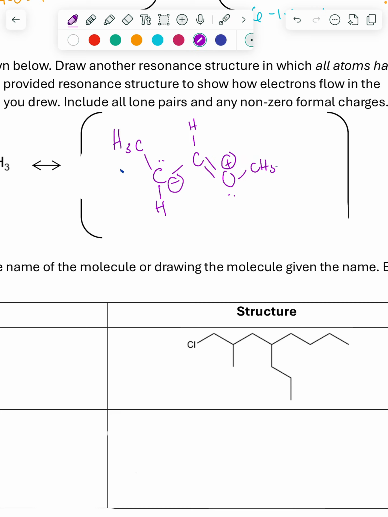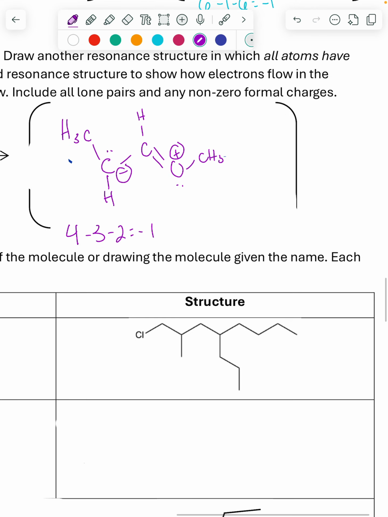And then if we did the formula to calculate this, carbon is in the 4th row, it has 3 bonds and it has 2 non-bonding electrons. So that would be -1, and that's why that's negative.